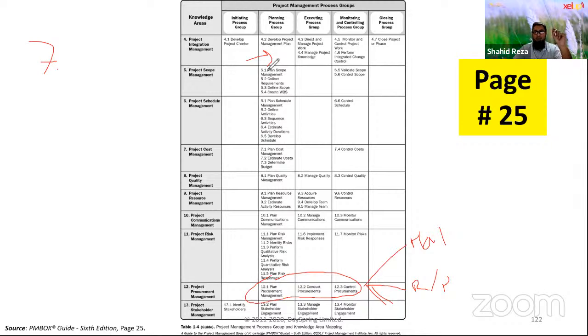Where output from one process can be input of multiple different processes. For example, if you see the project charter, this project charter we will see will be used in 24 places as input.